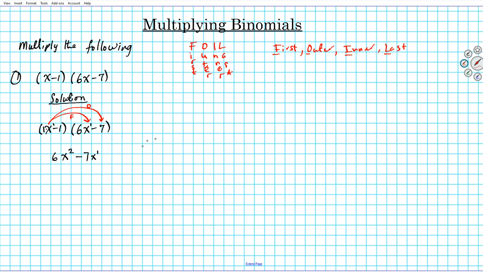And now we're going to shift to the second term of the factor on the left, the negative 1. Please make sure you take the entire term, the term and the sign. We have negative 1 here, so we're going to distribute negative 1, not just 1. So we're going to go negative 1 times 6x. We've done first and outer; now this is the inner.